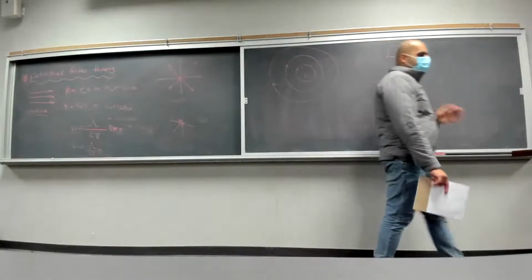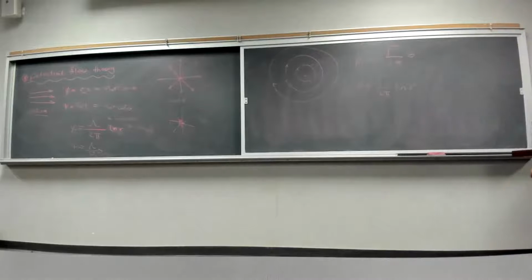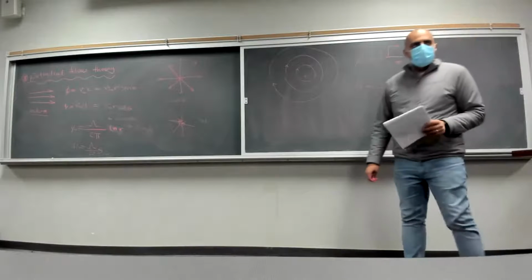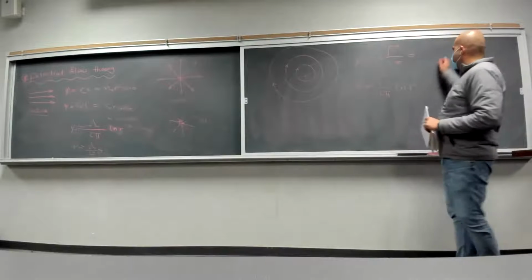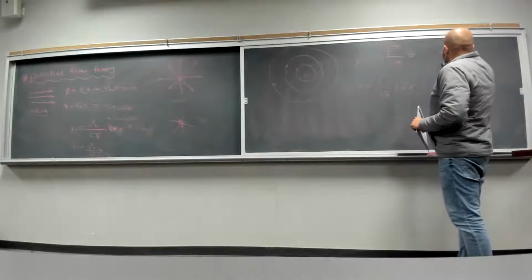So what is VR and V theta here? Based on what I just said, that the velocity potential and psi are reversed compared to the source and sink flow, what can we say about VR and V theta? VR is 0, exactly.